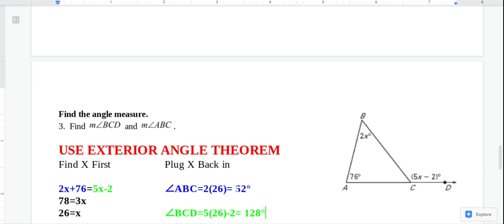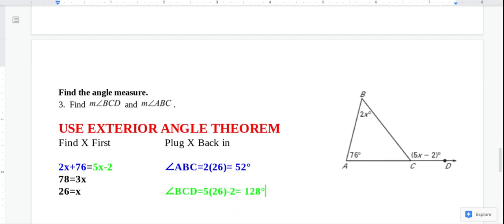That gives us 52 degrees. So the measure of angle ABC is 52 degrees. Then our exterior angle, BCD, we plug in 26 for x, so we have 5 times 26 minus 2, and that'll give us 128. So angle BCD equals 128 degrees.